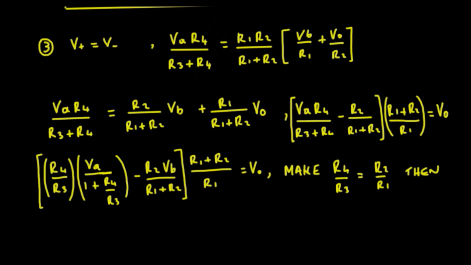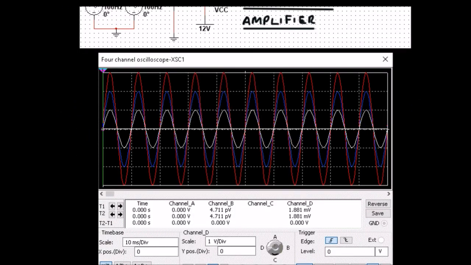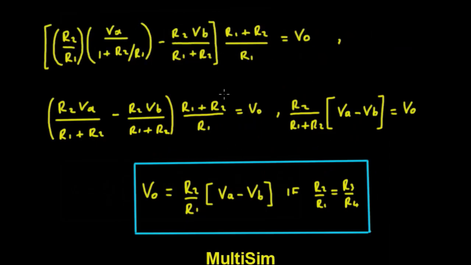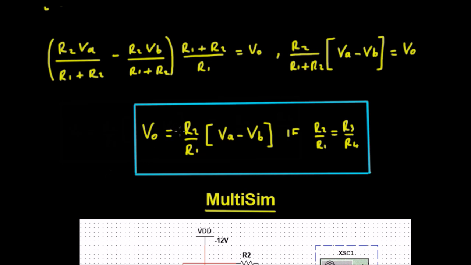So finally, if we look at the last couple of lines here, this is a value for our V naught, and we can rewrite it by taking out this common factor. We're finally left with V naught equals R2 upon R1 times VA minus VB.